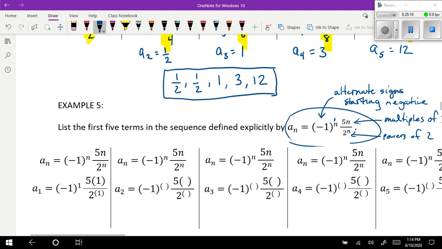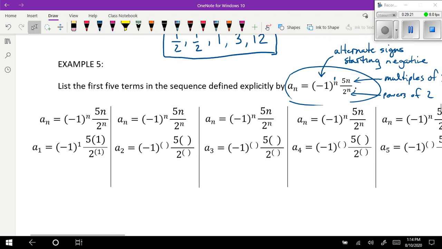Alrighty, let's do these. A sub 1, put a 1 in for your n, and this I already did for you right here. So you see your 1 is going in here, and your 1 of course is being substituted in the n and substituted in the n. A sub 1 is equal to -1 multiplied by, and I'm going to leave that just like it is right here.